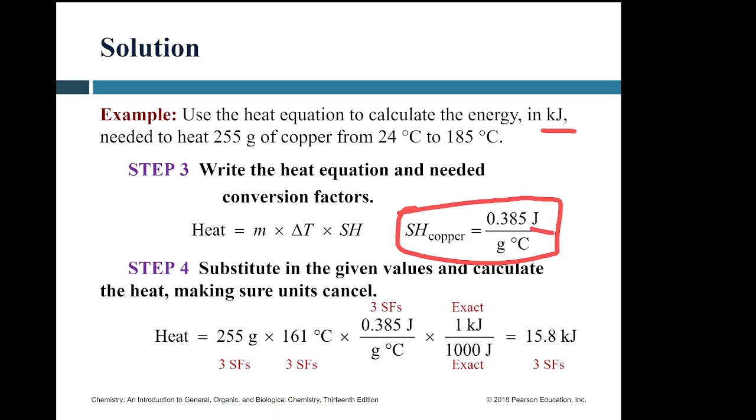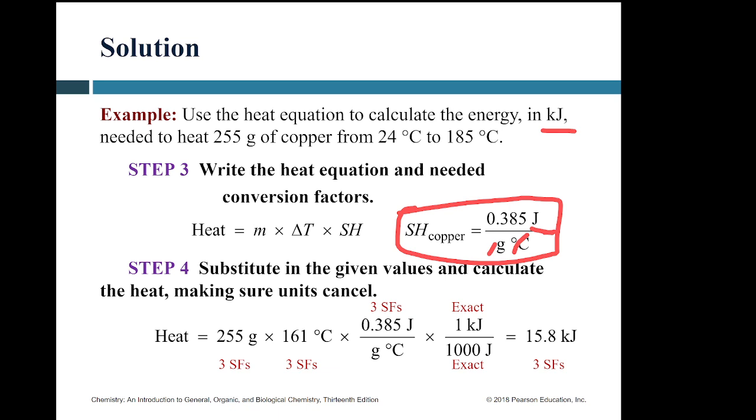It's right there, right? I'm going to have to eventually convert it to kilojoules, sure. But this gets me into energy if I use that, right? So what I can do is take that joules number there and get rid of grams and degrees Celsius. How do I get rid of those units?